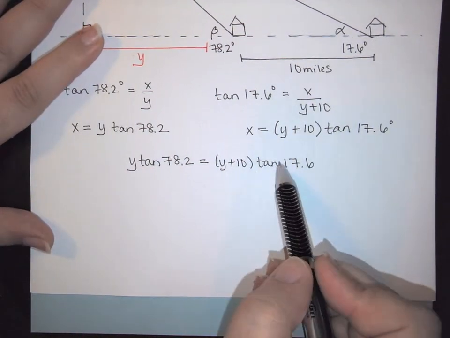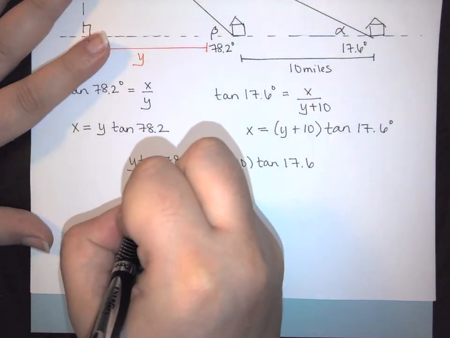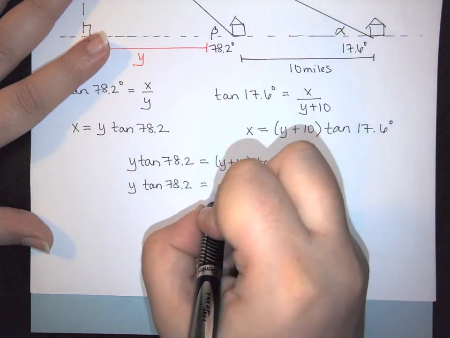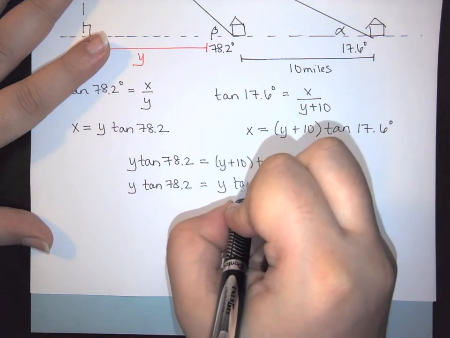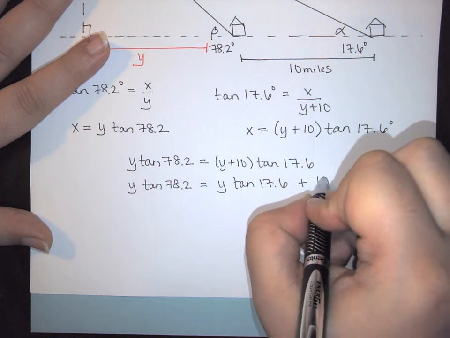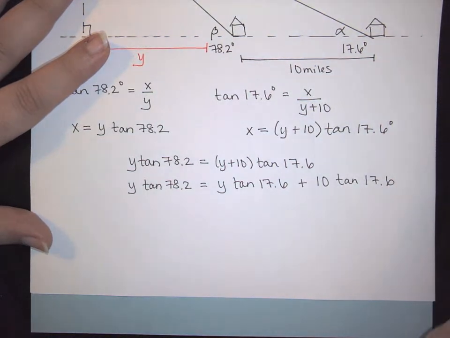So the first thing we need to do is distribute that tangent through. So here we're going to get Y tangent of 78.2 is equal to my Y tangent of 17.6 plus 10 tangent of 17.6. I'm going to move my Y term over.